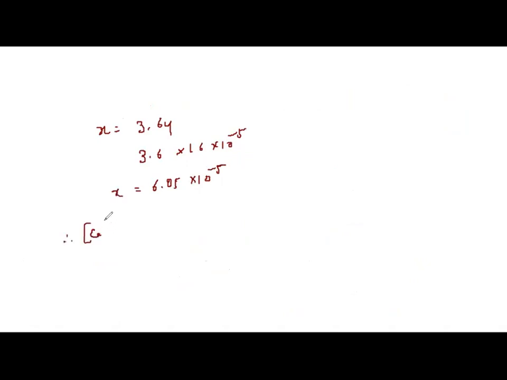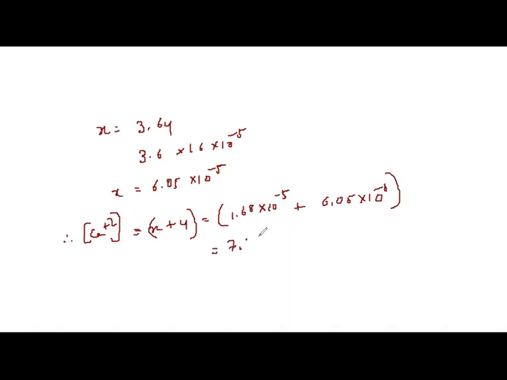Therefore, how many calcium ions are there? Concentration of calcium ions is equal to X plus Y. So how much is X? 6.05 into 10 raised to minus 5, plus how much is Y? 1.68 into 10 raised to minus 5. Solve this out, you will get the answer 7.73 into 10 raised to minus 5 molarity.